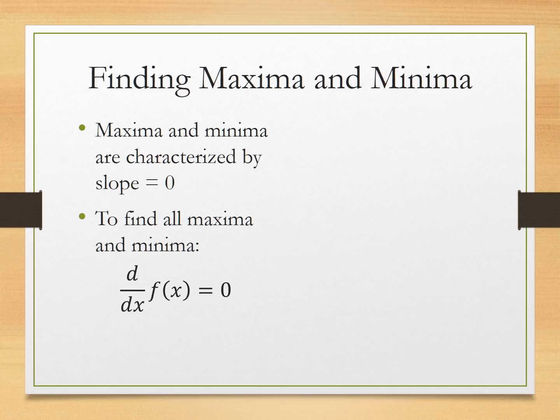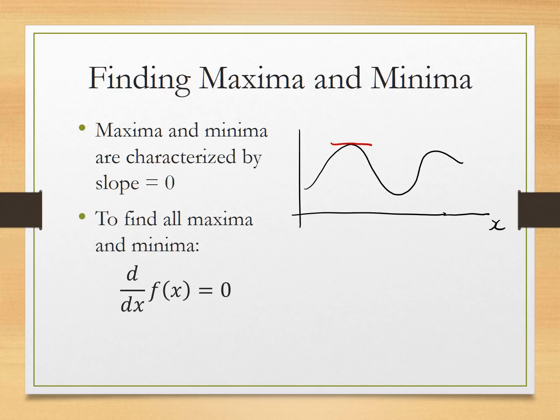So finding maxima and minima would involve finding all the points where the slope is 0. There might be more than one. There's nothing that says that you only have one single maximum or minimum. You could have diagrams that look like that. In that case, you have multiple points of maximum and minimum.